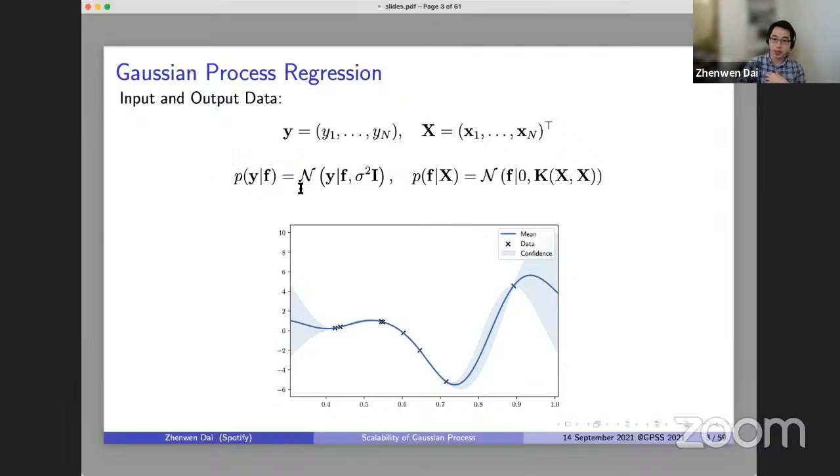This is typically the simplest Gaussian process regression model we will have, and let's look at the computation details of such a model.